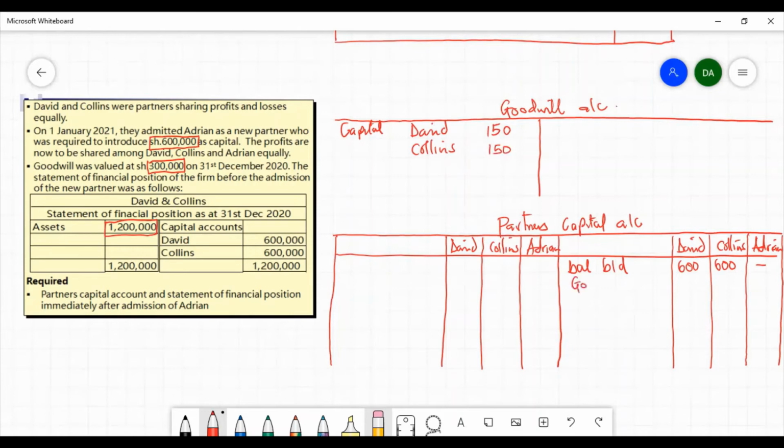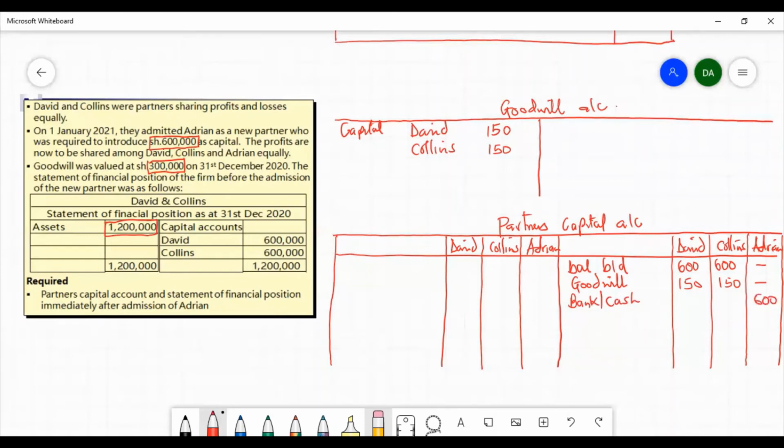So we have goodwill, 150,000 each. The next step is to record the cash which was introduced by Adrian as either bank or cash. And that amount is 600,000.